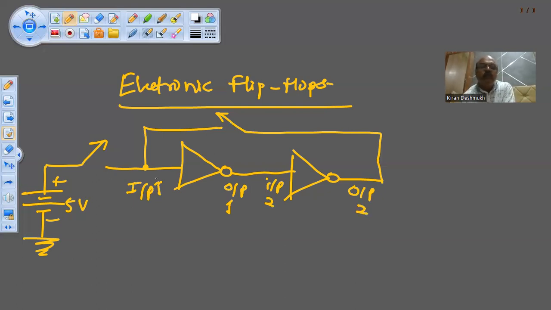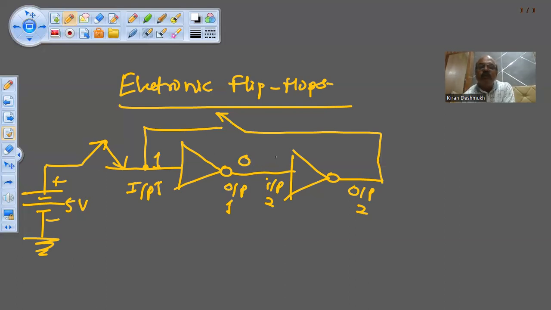So initially we connect this switch here, to 5-volt. So this is high. High means 1. Whenever the input to the inverter gate is 1, its output will be 0.